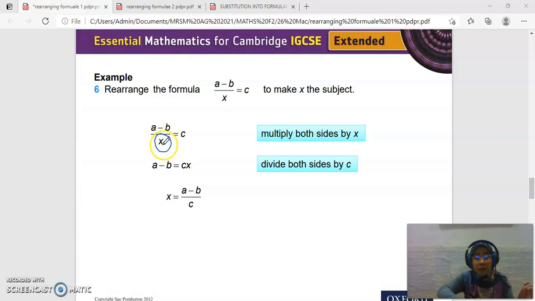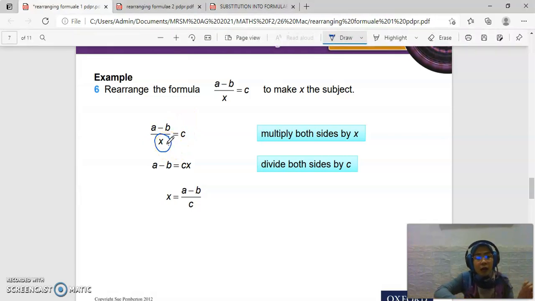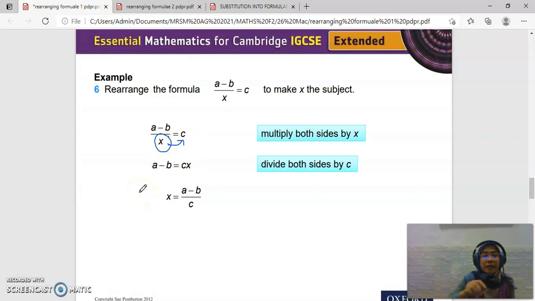How to settle the denominator? For this part, you multiply by c. Make sure you bring the denominator to the other side, and when there is no denominator, it will be much easier for you to make the given unknown the subject. So a minus b is equal to cx.